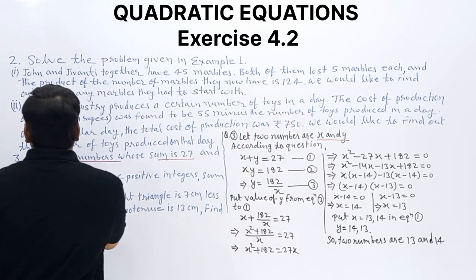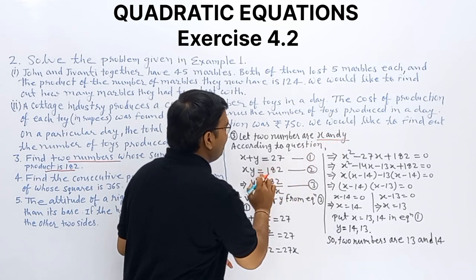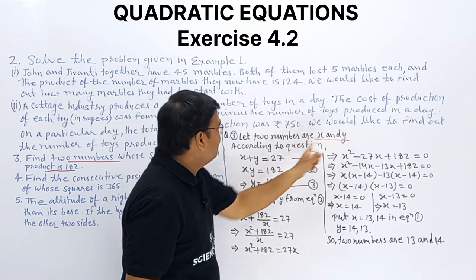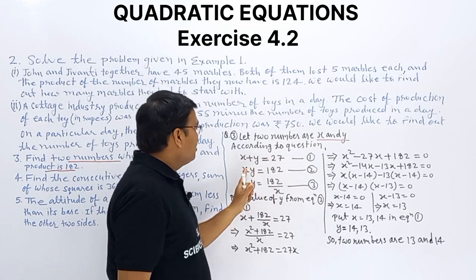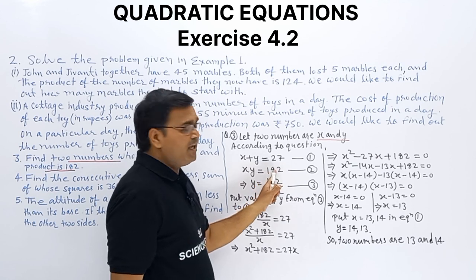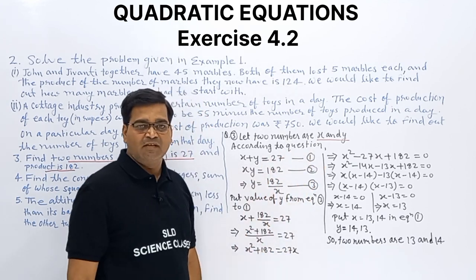And another, the product is 182. The product of both numbers will be 182. So the sum x plus y is 27, and the product xy is 182. Two equations we are getting.